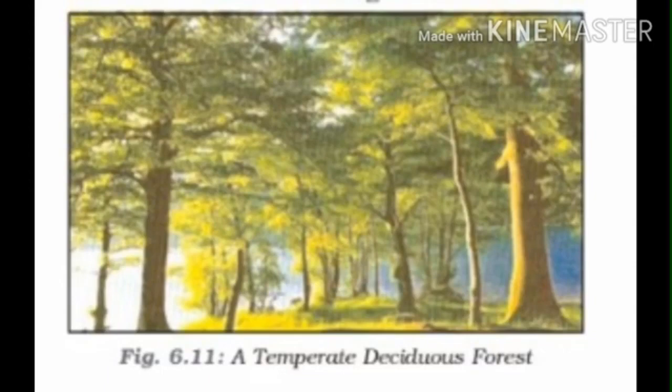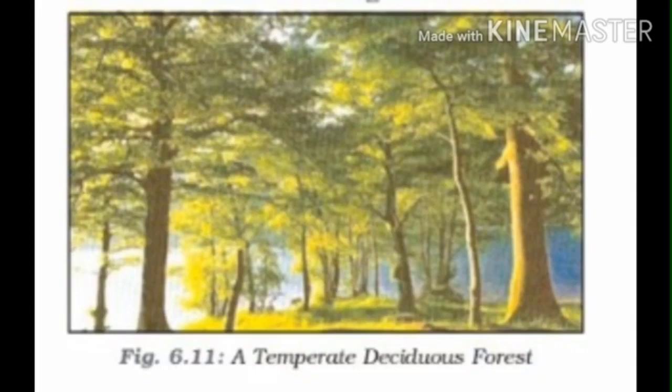Then the temperate deciduous forests are found in New Zealand, Japan, northeast China, then northeast USA, then southern Chile, and in western Europe. What are the plants found in this type of forest?